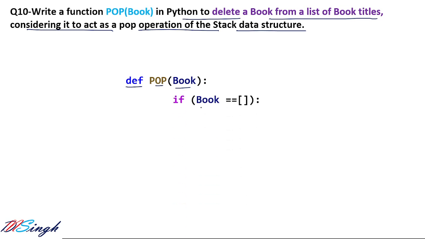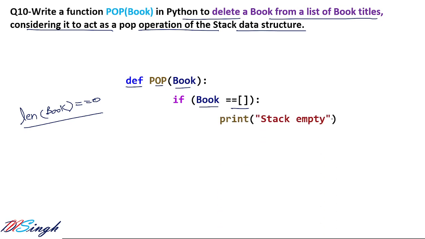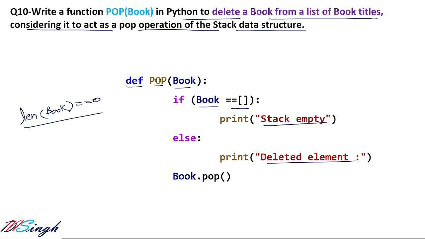If it is empty, again I told you there are two ways to check whether a list is empty or not: by calculating the length of book equal to 0, this is one way, or the other way is written here: book is equal to the empty list. If it is equal to the empty list, then there is nothing inside the book, we cannot pop, so just display stack is empty. Otherwise, just go to the else part of it and print the deleted element and pop.